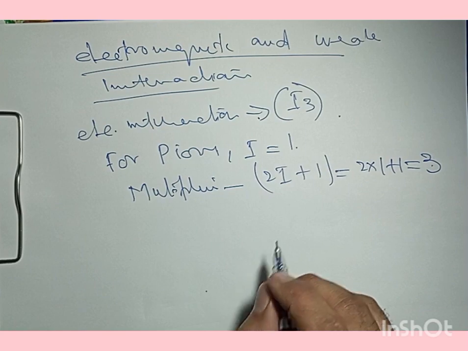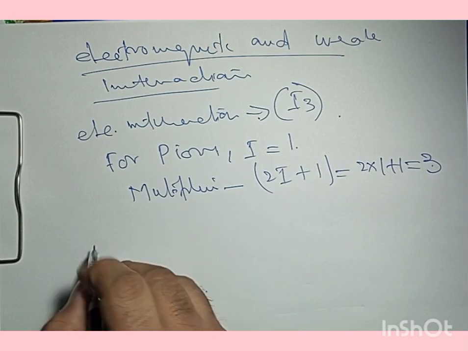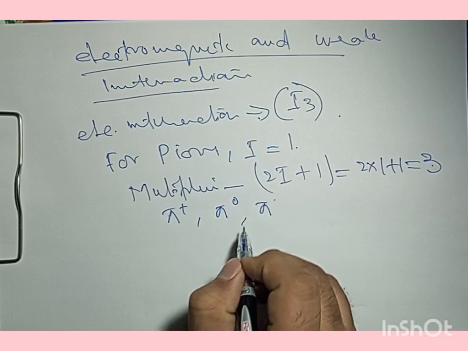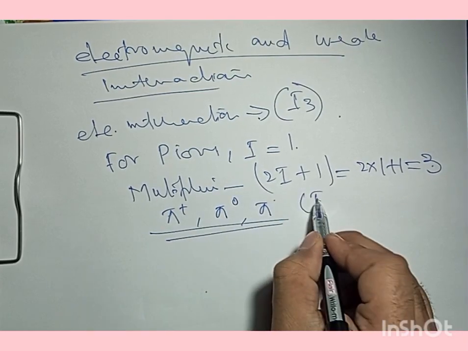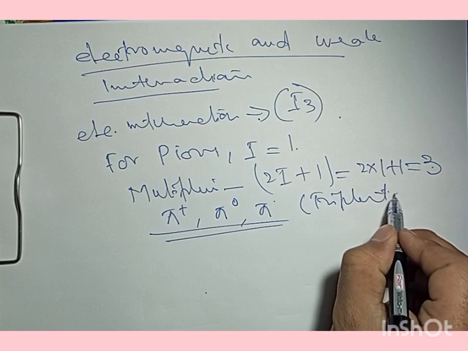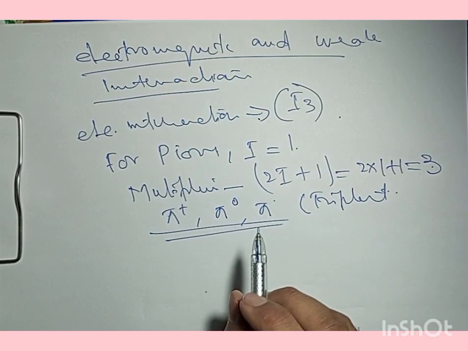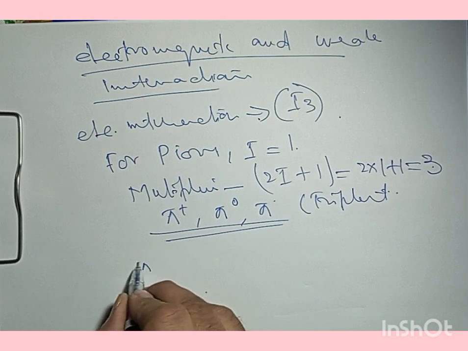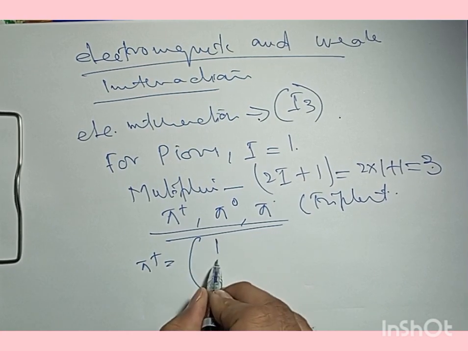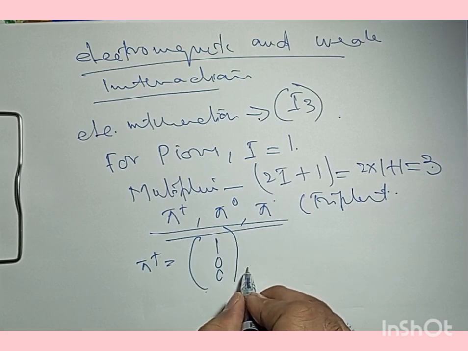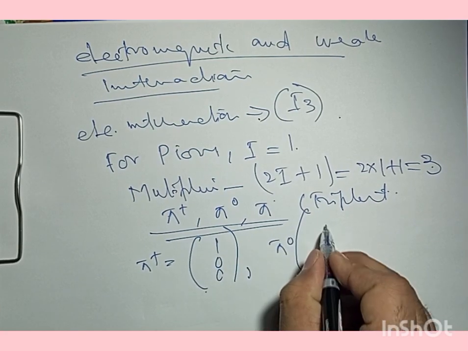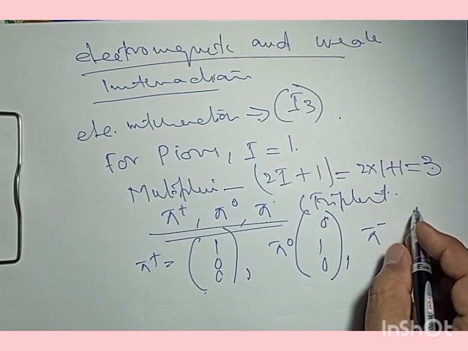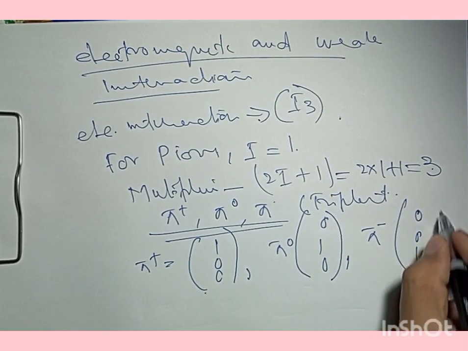So we have three states of pions here: pi plus, pi 0, and pi minus. They form a triplet, and the three pions in isospin space can be written as pi plus is the column matrix (1, 0, 0), pi neutral is (0, 1, 0), and pi minus is (0, 0, 1).